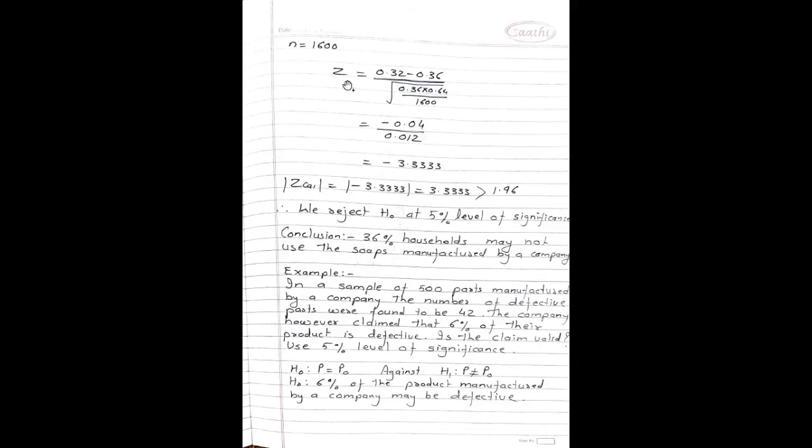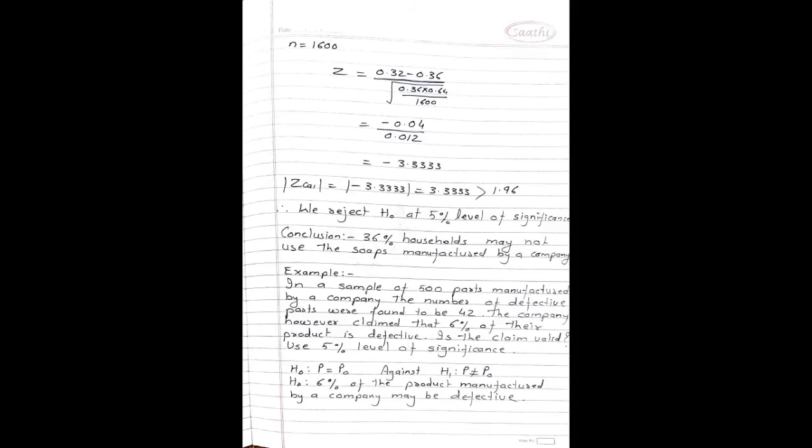So Z is equal to 0.32 minus 0.36 divided by square root of 0.36 into 0.64 divided by 1600. So that is equal to minus 0.04 divided by 0.012.